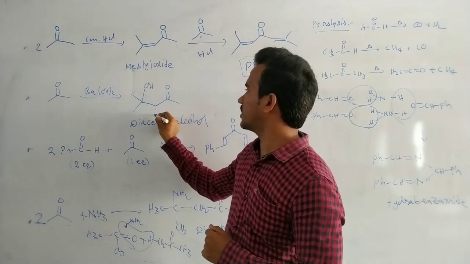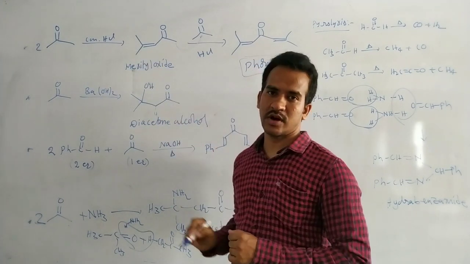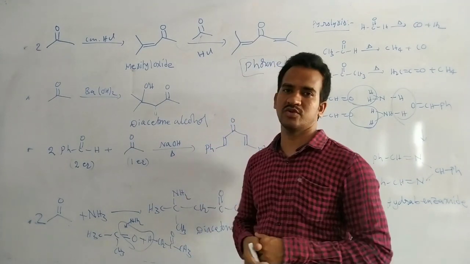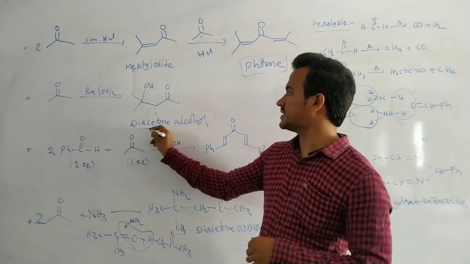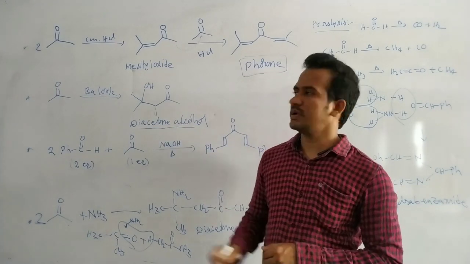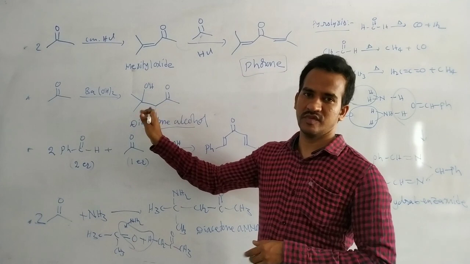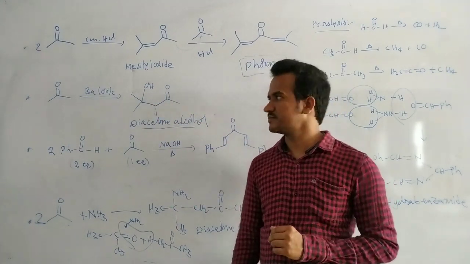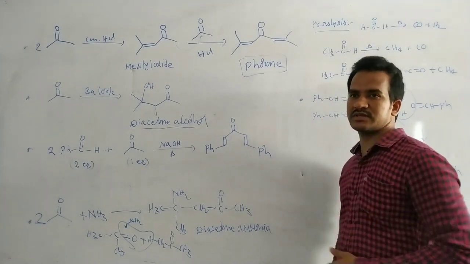By the removal of a water molecule, we would get the alpha beta unsaturated compound, but here heating is not mentioned. This reaction takes place at room temperature. The product is known as diacetone alcohol. The beta hydroxy ketone formed from acetone is known as diacetone alcohol. You are familiar with these reactions.